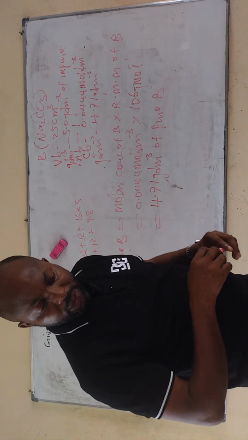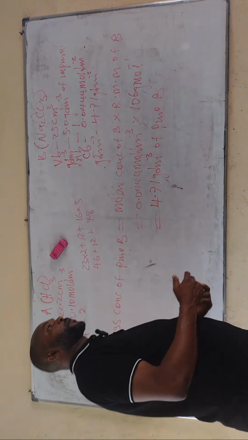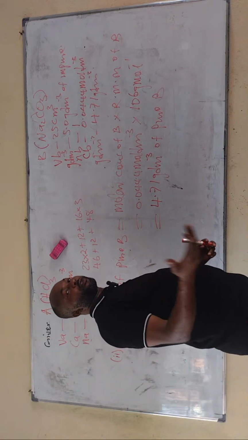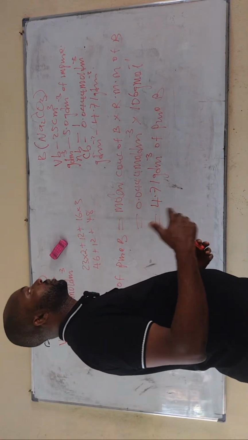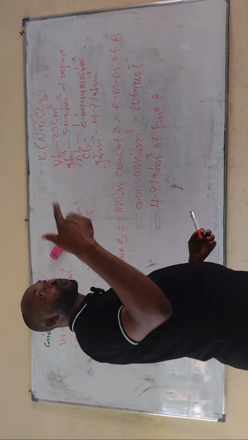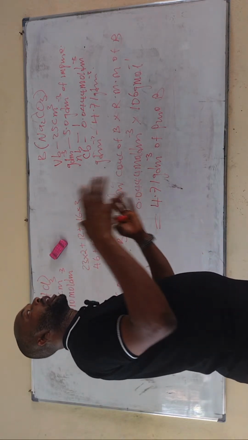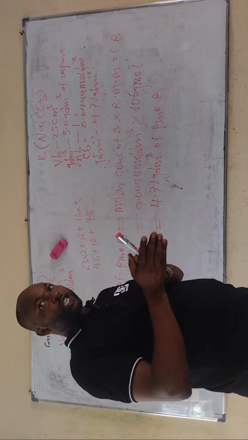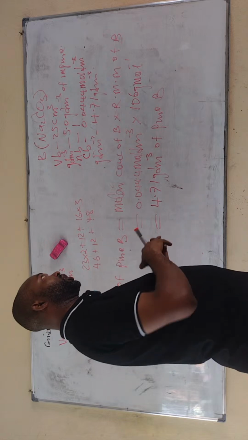What did I say? The percentage impurity. Remember, like I told us earlier, there are a couple of formulas. Percentage purity is mass conc of pure over impure times 100. When we get the percentage purity, we can say percentage purity plus impurity equals 100, and we make impurity the subject.